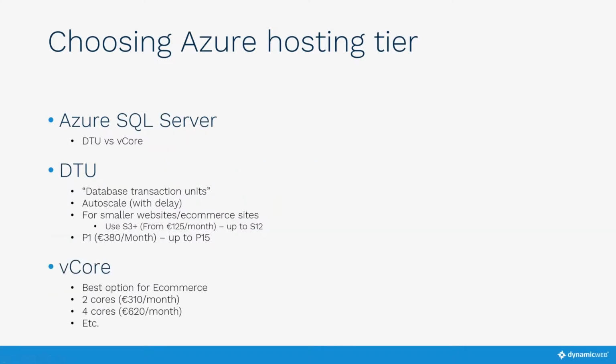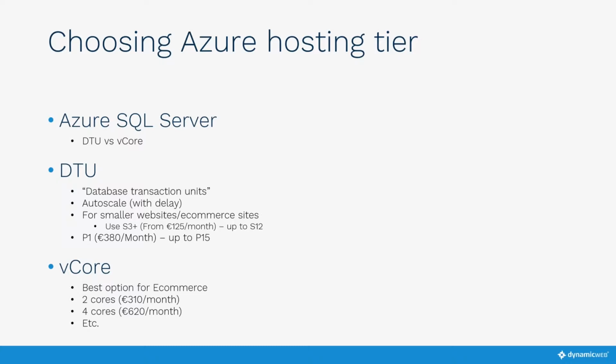Then you have the web server itself, and Dynamicweb also has a database, and for that we use SQL Server, and that's basically Azure SQL Server, and it comes in a wide variety of hosting options as well. You can host a dedicated SQL server, or you can have some scaling tiers.